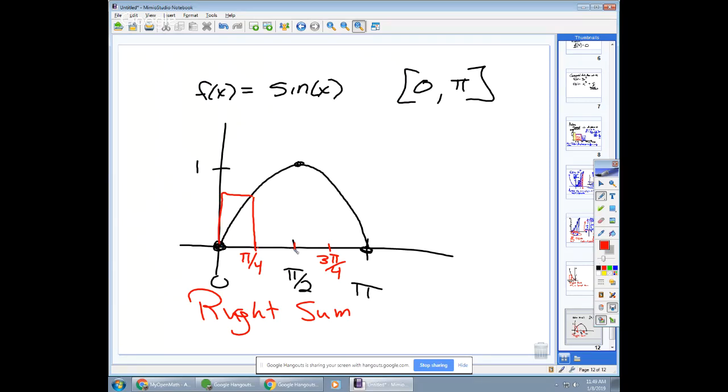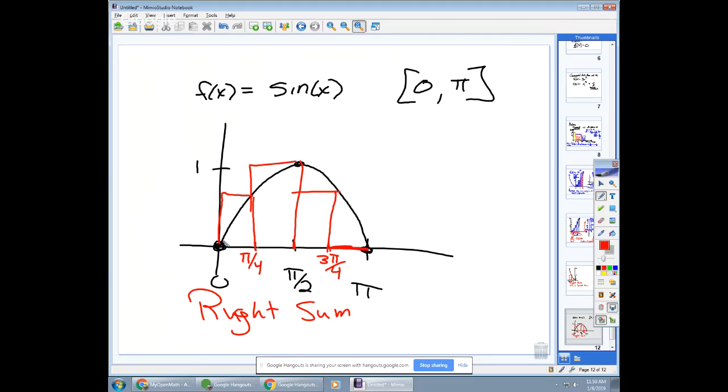Then I'm going to evaluate at pi over 2, which gives me that rectangle. Then we evaluate at 3 pi over 4, which gives me that rectangle. And then evaluating at pi gives me that very lovely flat rectangle. It's just a line. So the right sum on one part of this is an upper sum, and then a lower sum over there.